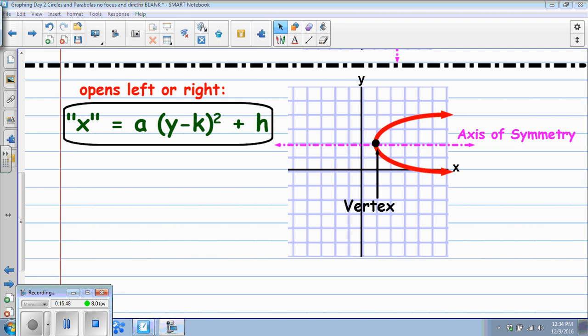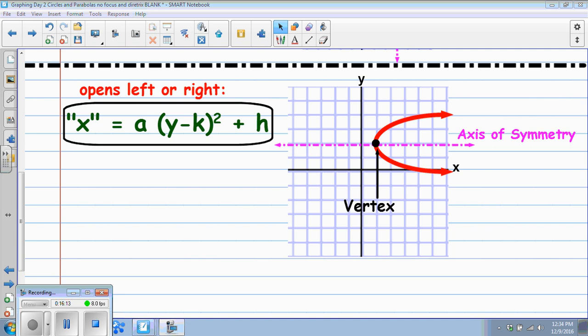Okay. So here's a parabola that either opens left or right. We know it opens either left or right because it's x equals. Your x-axis goes left and right. What do you think determines whether it opens left or right?